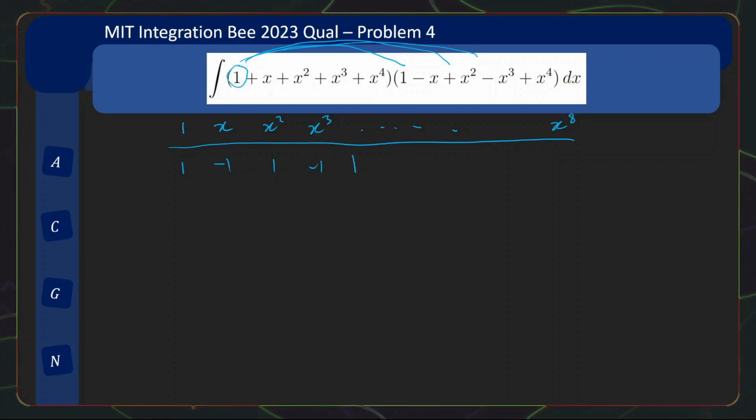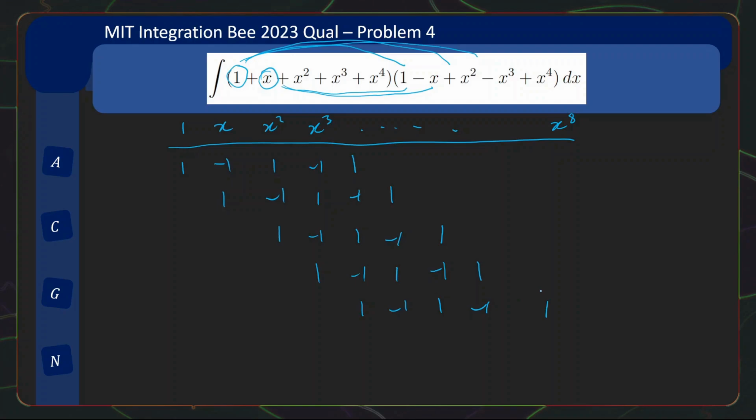And now if we take the second term x and expand it across the second bracket, again you have 1, minus 1, 1, minus 1, 1, except now the terms are displaced by 1. You have the lowest power is x. So the expression is quite simple. You basically have 1, minus 1, 1, minus 1, 1, but each time you displace your power of x by 1. So you have this 5 times.